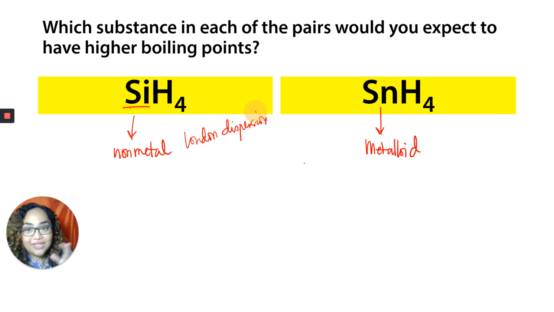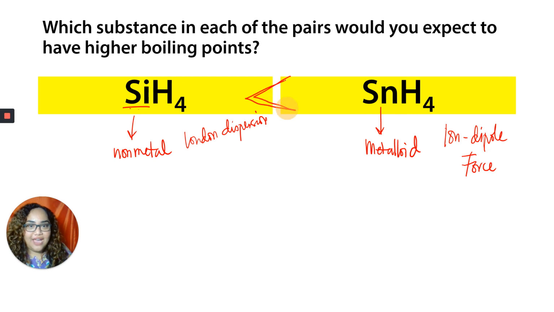We don't know if it is polar or not, but that doesn't matter. Why doesn't it matter? Because we already know that tin is a metalloid, so it will have ion-dipole force as its main IMF. And you know that ion-dipole force is stronger than dipole-dipole and London dispersion forces. So tin tetrahydride would have a higher boiling point than silicon tetrahydride.